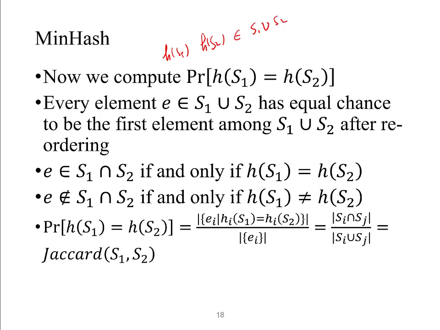These elements are the possible hash values of S1 and S2. Now every element has an equal chance to be the first element among S1 union S2 after this reordering. All right.